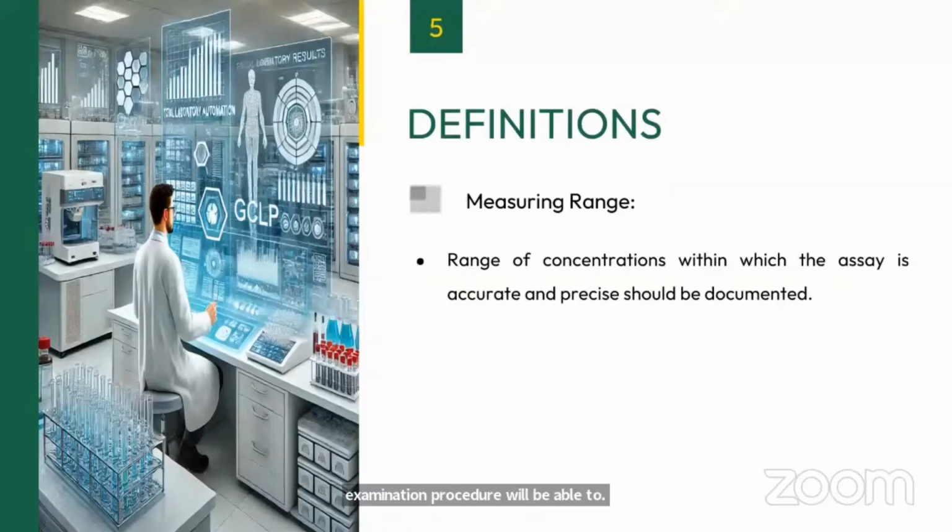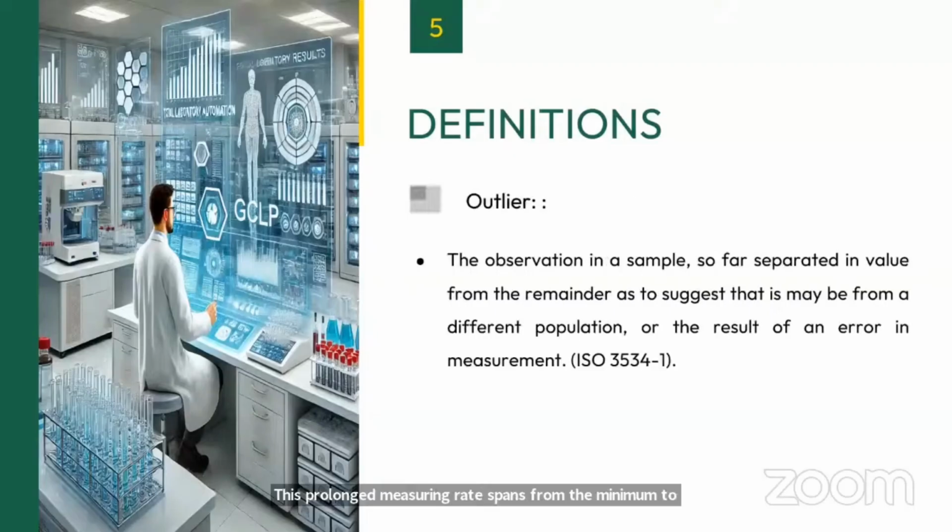This range of concentration, in which your results will be considered accurate, reliable, and precise, is called the measuring range, and it spans from the minimum to the maximum concentration that can be applied.